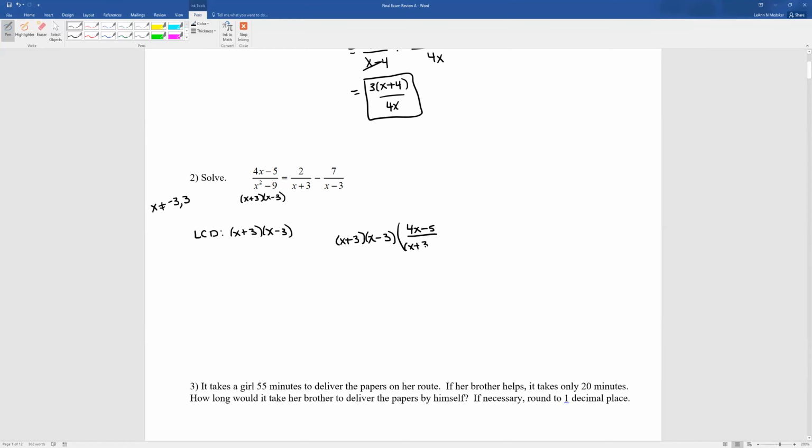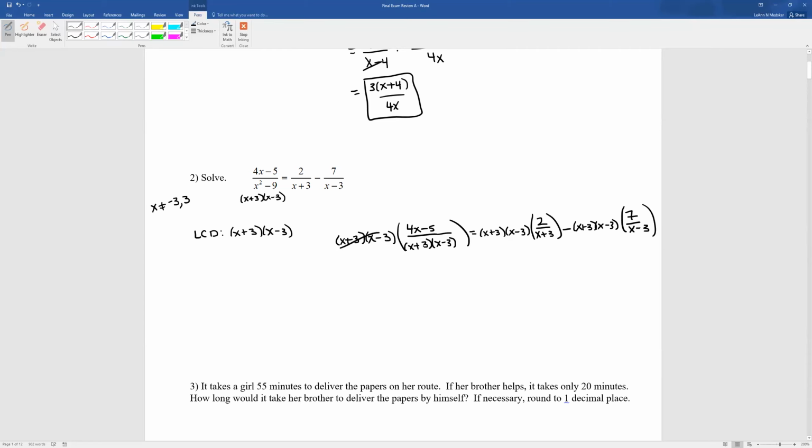So I've got x plus 3 times x minus 3 times the first fraction or term, which is the 4x minus 5 over x plus 3, x minus 3, equals x plus 3, x minus 3 times the second fraction, which is 2 over x plus 3, minus x plus 3 times x minus 3, there's my LCD again, times 7 over x minus 3.